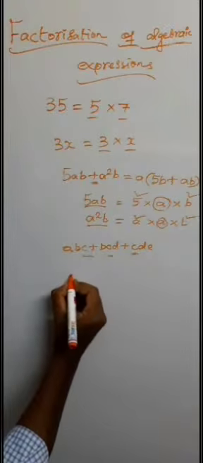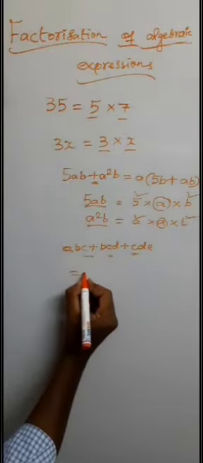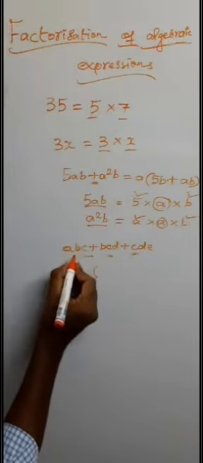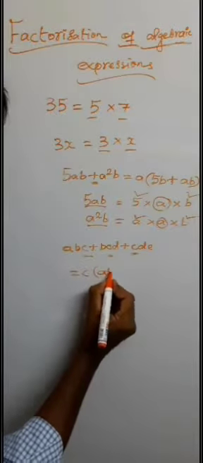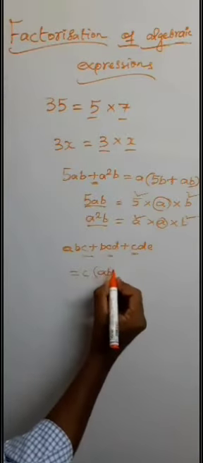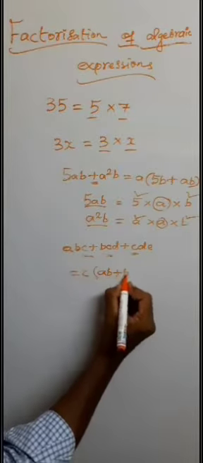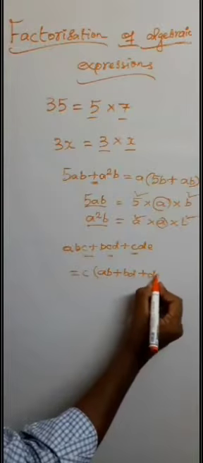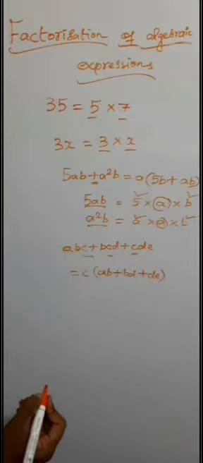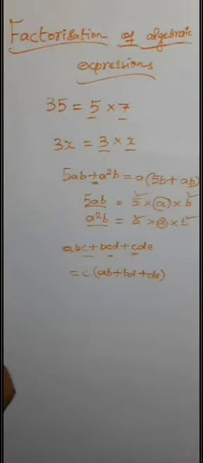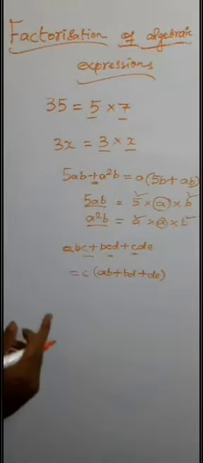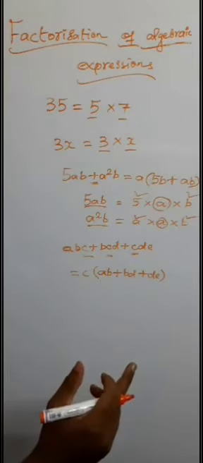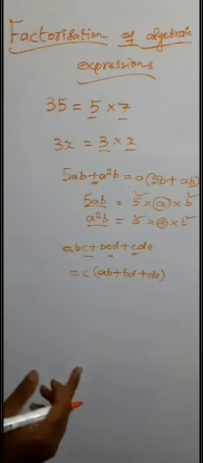So take C outside. Now the remaining values are ab in first term, bd in second term, de in third term. Now factors of given expression is c and ab plus bd plus de. Clear, right?